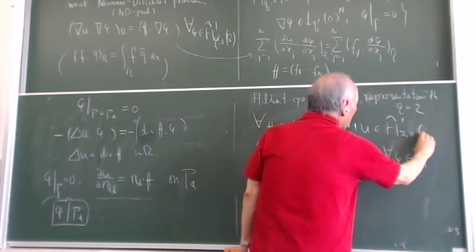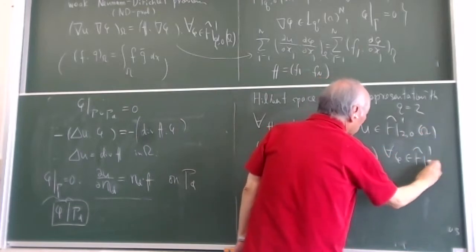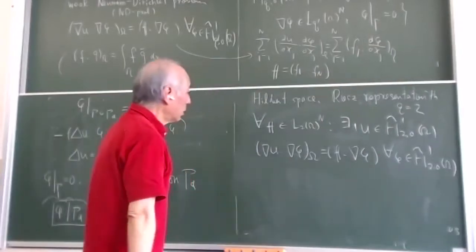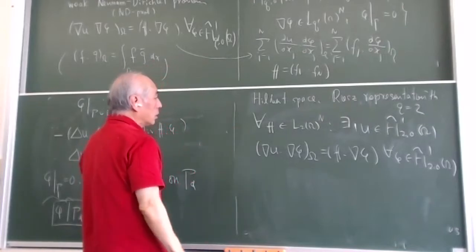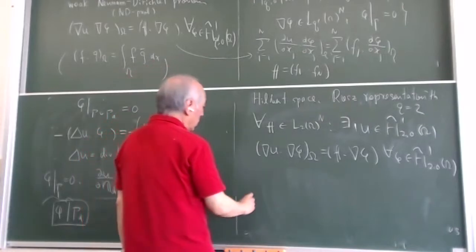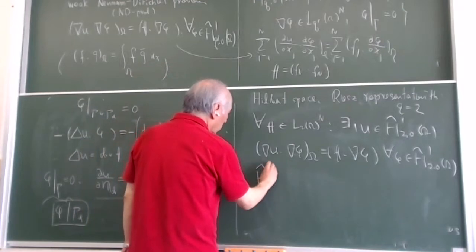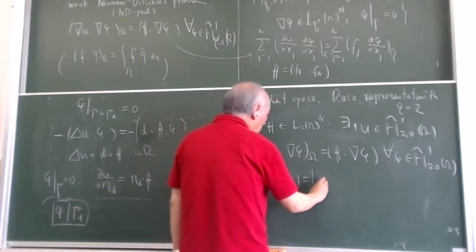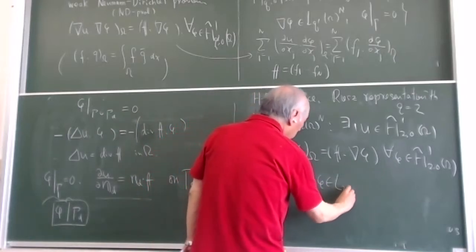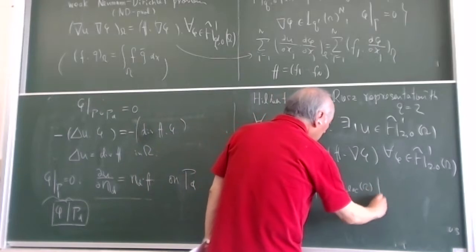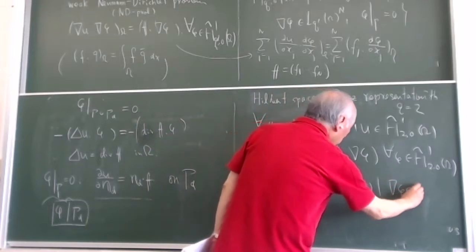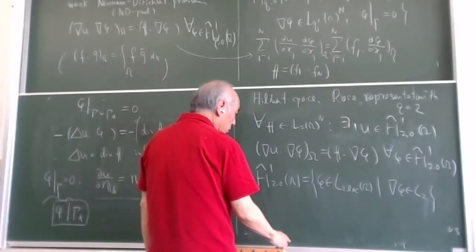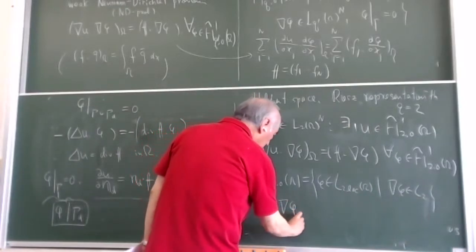Because H hat 1,2(Omega) is in L2 loc(Omega) plus L2, and then this space has a Hilbert structure.